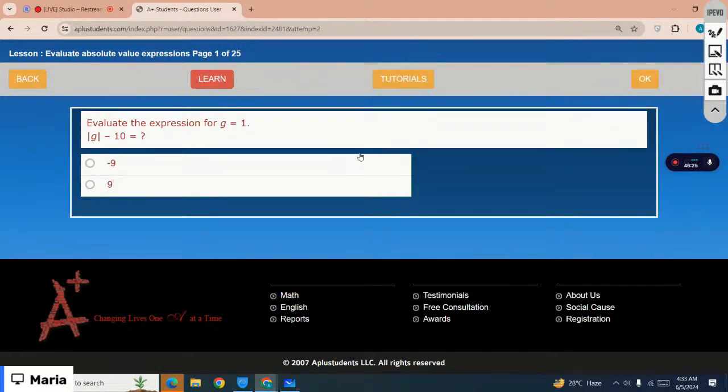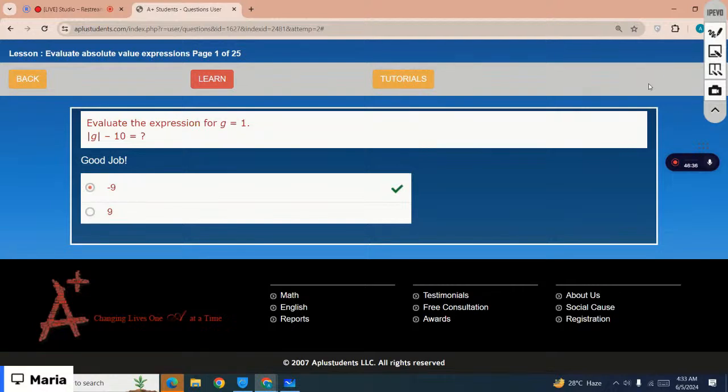The absolute value of 1 is 1 because 1 is already a positive number. And yes, 1 minus 10 is -9. Option number 1 is the correct option.